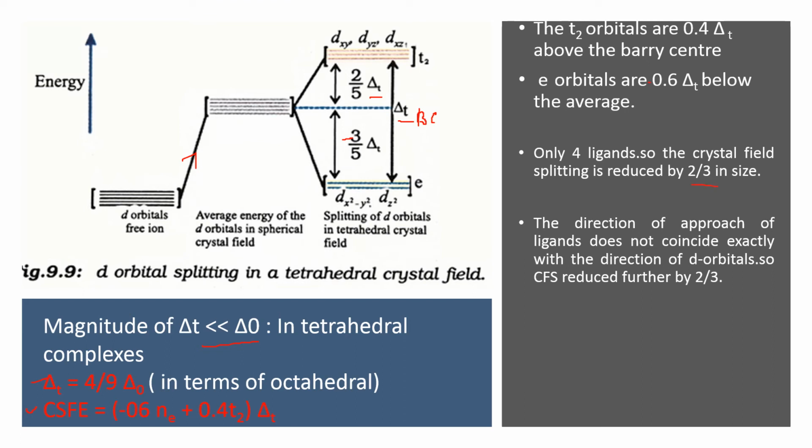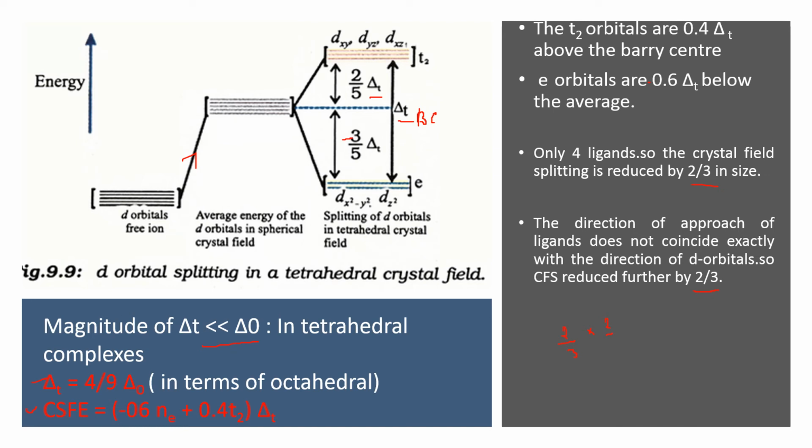At the same time, the direction of approach of the ligand does not coincide exactly with the direction of the d orbitals, not even with any single d orbital. So the CFSE is reduced by 2/3 again. It's a simple calculation: 2/3 into 2/3 is nothing but 4/9 times that of octahedral.